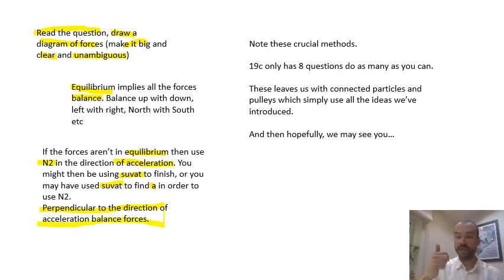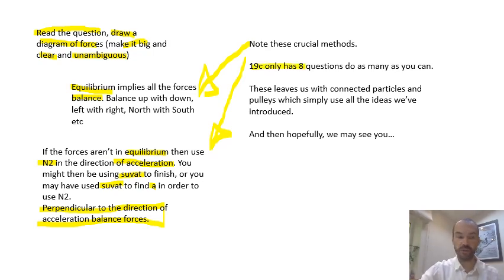So equilibrium, balance, balance. Not in equilibrium, Newton 2 in direction of acceleration, balance. Note these crucial methods, because that is all there is to it. That's what makes physics so easy, the fact that it's a few simple ideas.